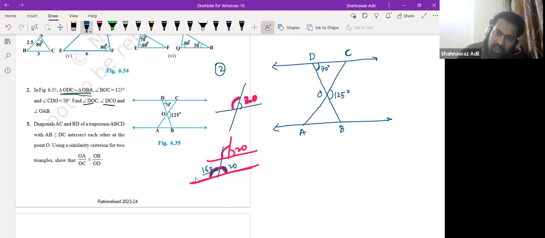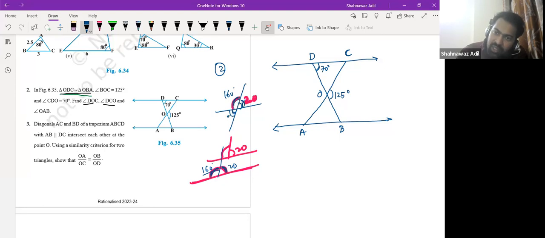Is this clear? In the first figure, it looks like it's vertically opposite. I'm asking about these two. This one and this one, they are vertically opposite, right?